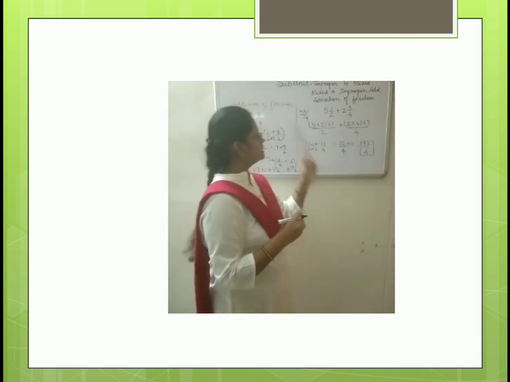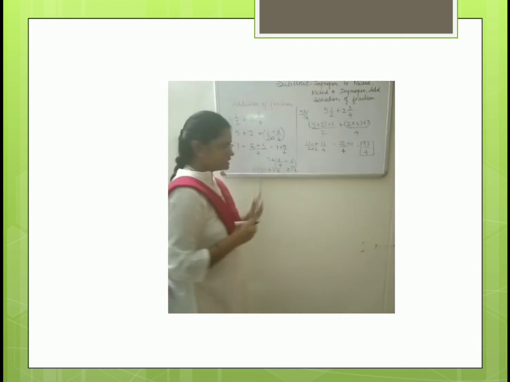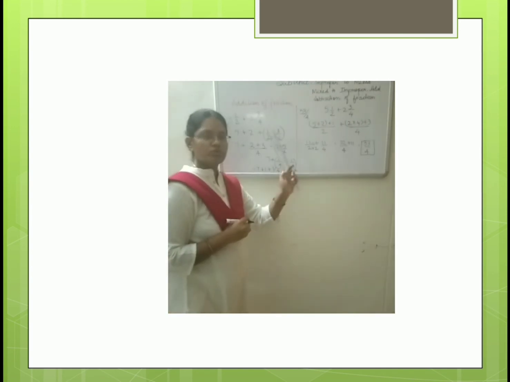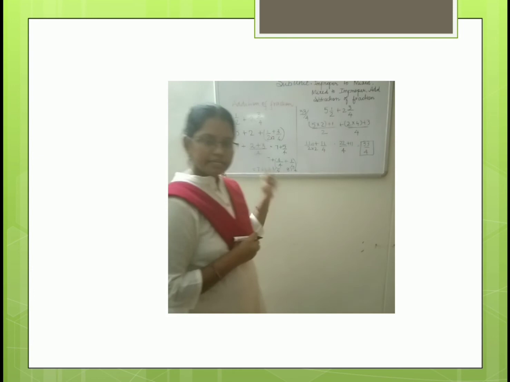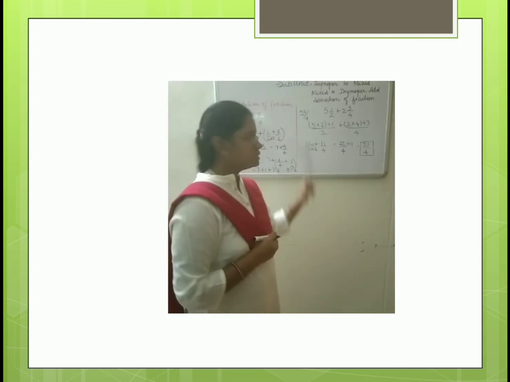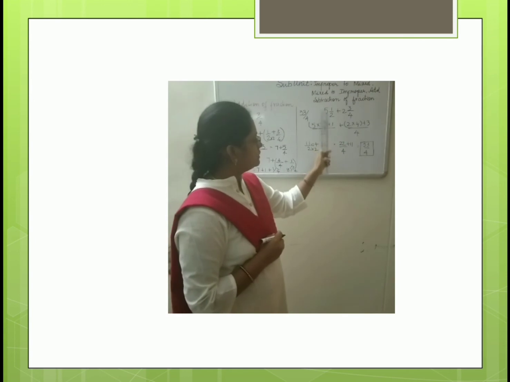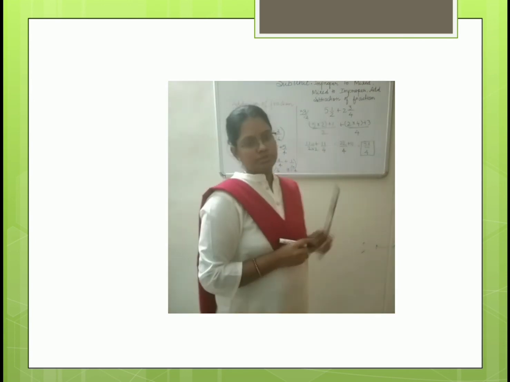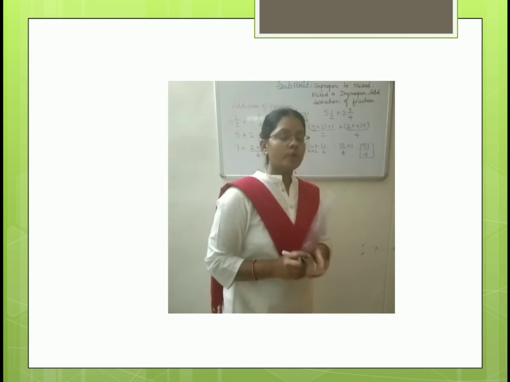Here we have taken the whole number separately and added. Here we used the multiplication rule 5 into 2 plus 1. Whole number into denominator plus numerator. Understood how to add by taking LCM by two different methods? Yes. Now we'll see how to do subtraction of fractions.